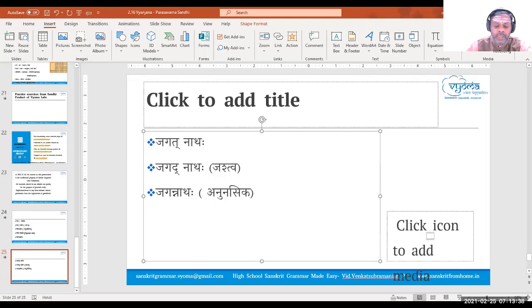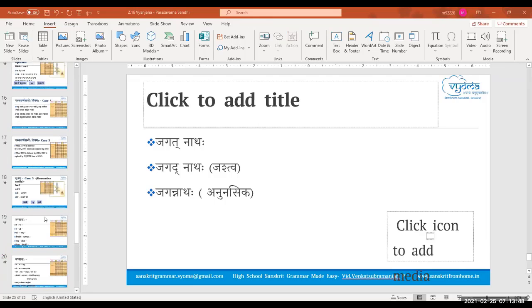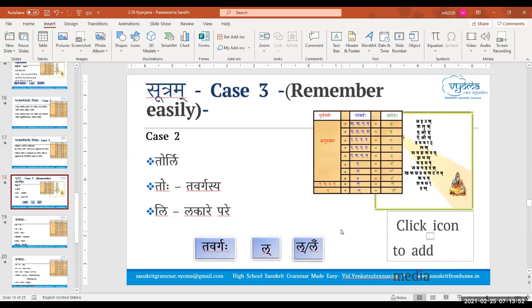Okay, now you can ask what? In the chart that you gave us, there were two m's in the Paravarna column. Two makaras. I will share the screen once again.